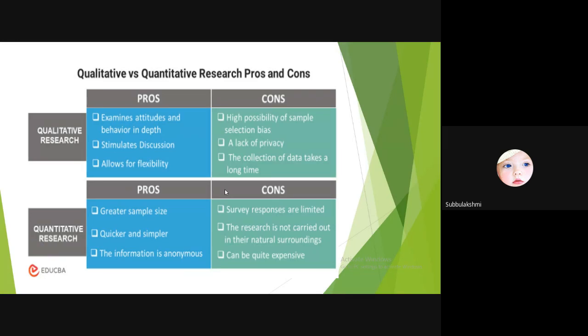Quantitative has a greater sample size. It is simpler and quicker, and information is anonymous. Whereas the cons are that survey response is limited, and research is not carried out in a natural surrounding because it is quantitative. So it will be a bit expensive.